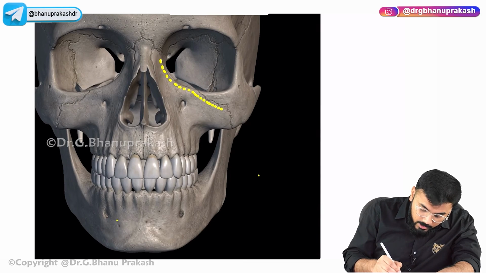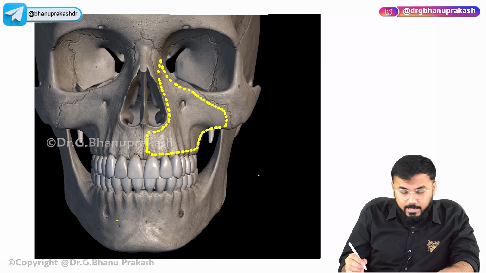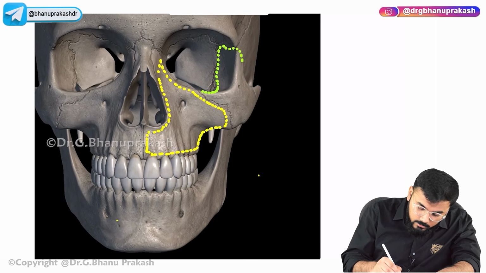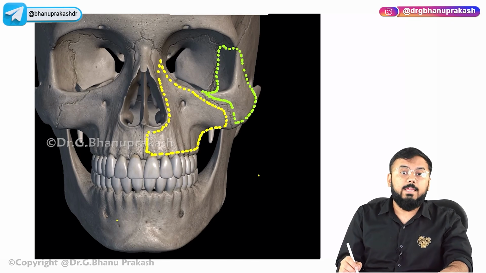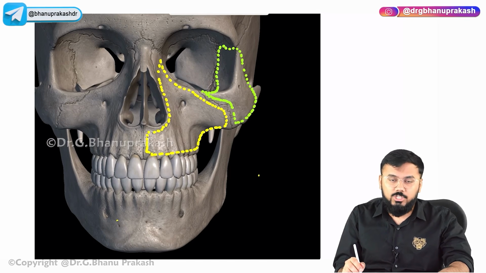This part over here is your maxillae. Just to the side of that maxillae, you have another part, which is called your zygomatic or cheekbone. What is this? Zygomatic bone or cheekbone.